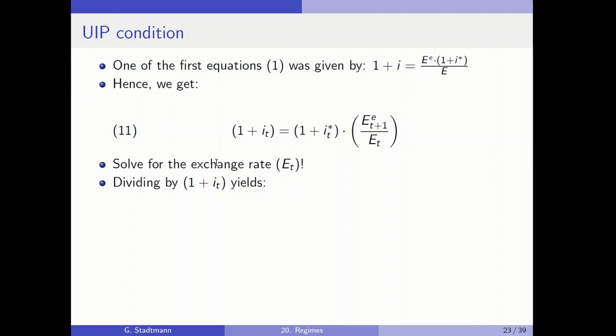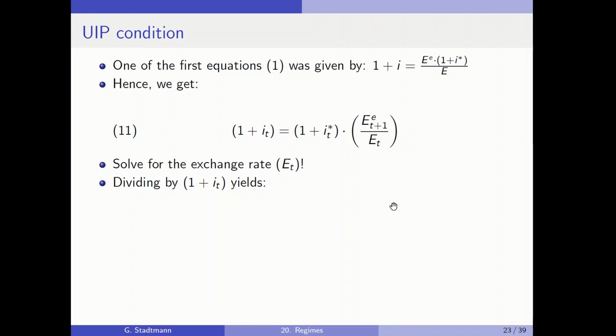In the next few steps, we are trying to solve this relationship for the exchange rate E_t. We are doing that because we want to explain changes in the exchange rate by changes in the interest rates or the expected exchange rates, and therefore it makes sense to solve for the exchange rate level E_t.